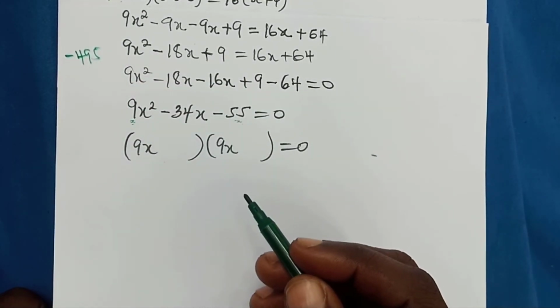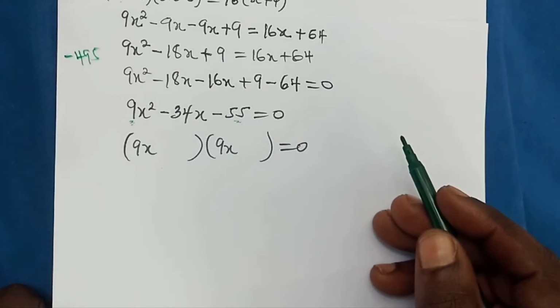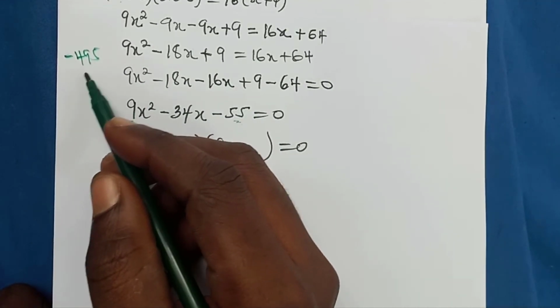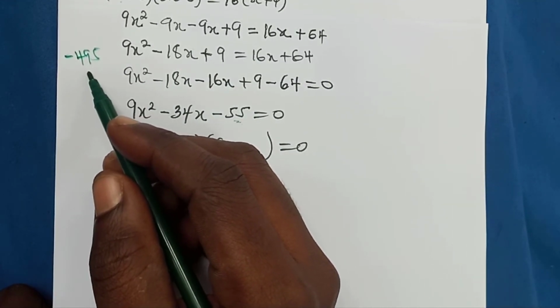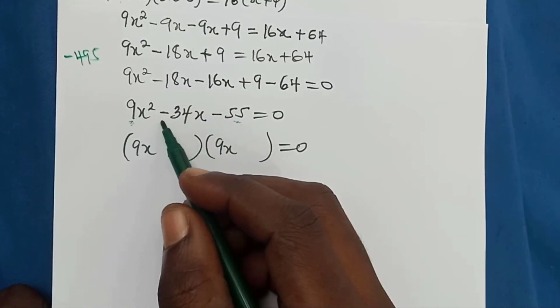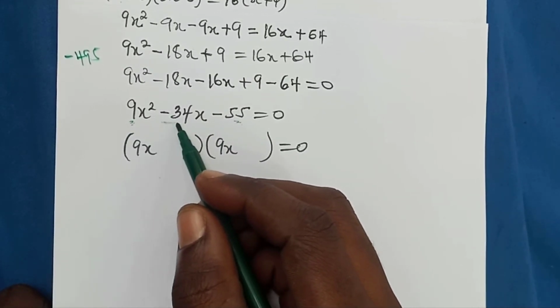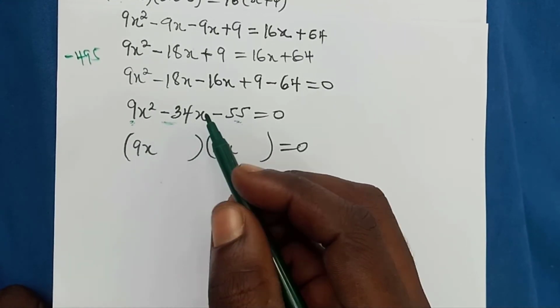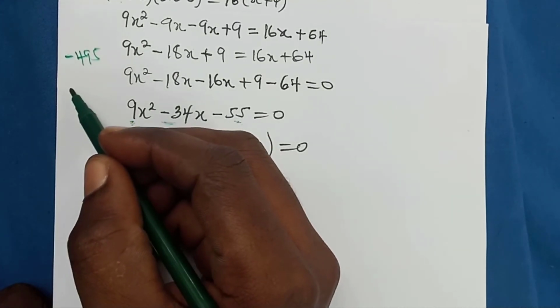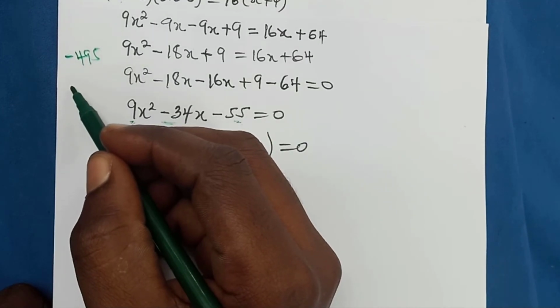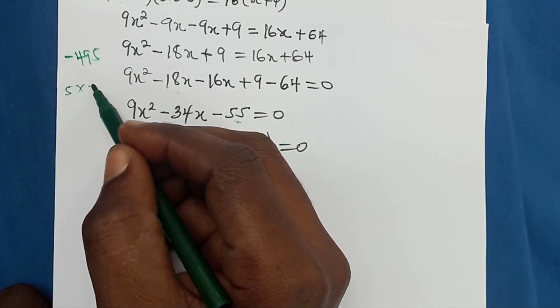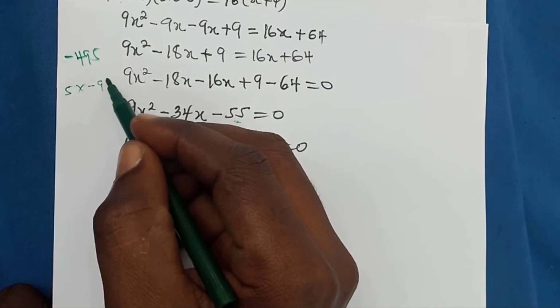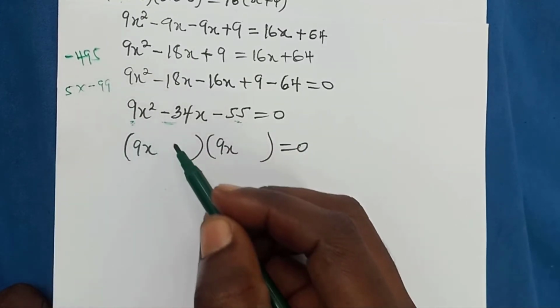You can check that with your calculator. So we are going to look for the factors of negative 495 that when you add or subtract, you are going to get negative 34. Some of the factors you can mention: 5 times negative 99. Okay, it's a factor.